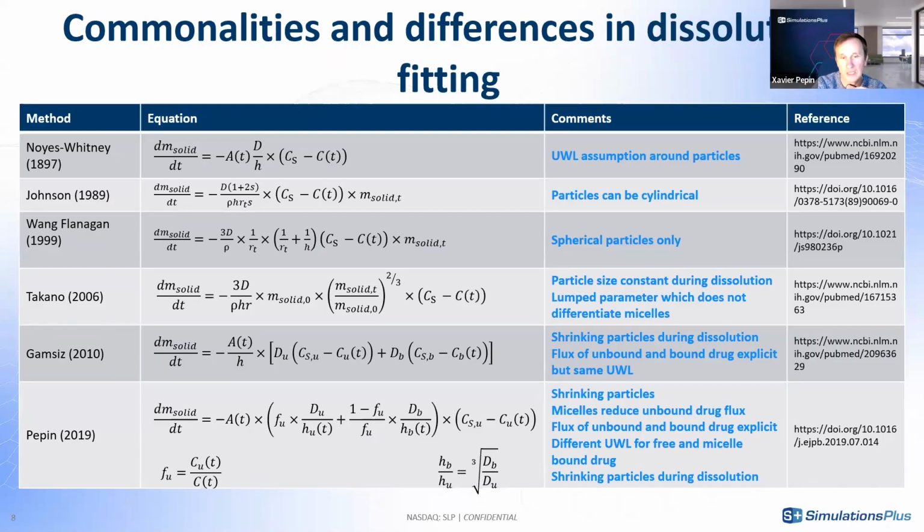That's the main assumption. But other than this, or what I've already mentioned, the different thicknesses and different diffusion coefficients for bound drug and unbound drug, it's a very classical equation, and it's coming from the Gamsey's paper back in 2010, which did not differentiate for a different thickness of boundary layer. So that's all I have.